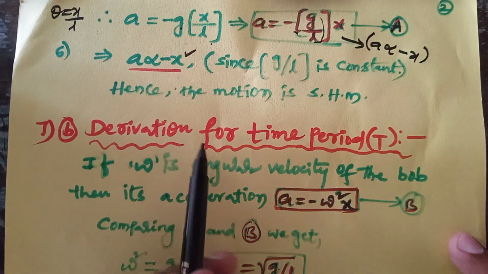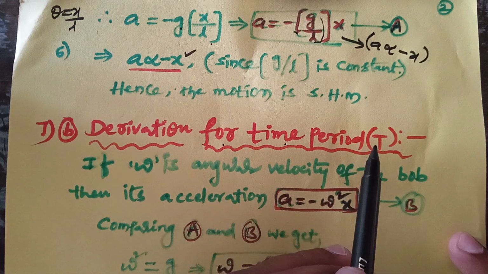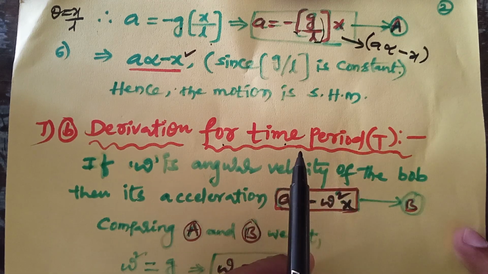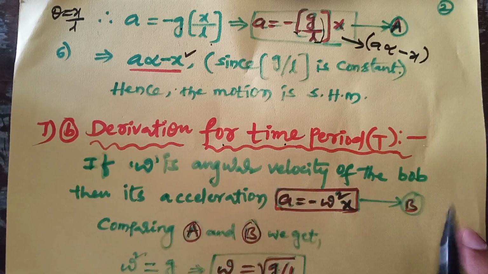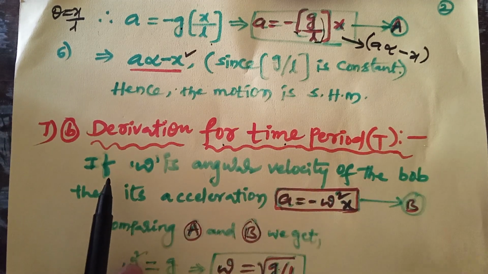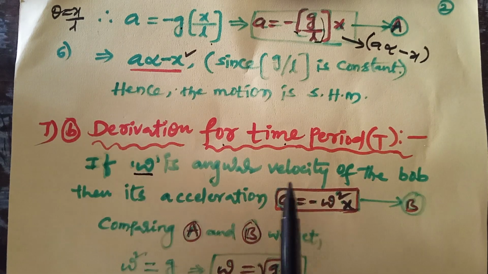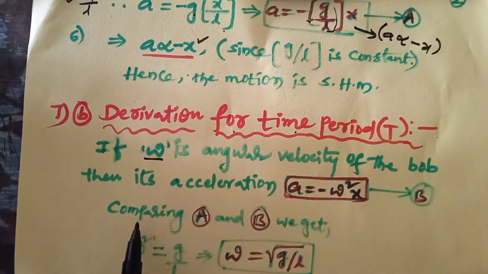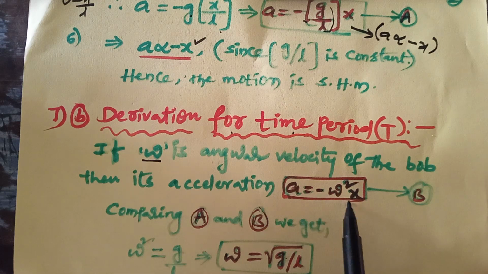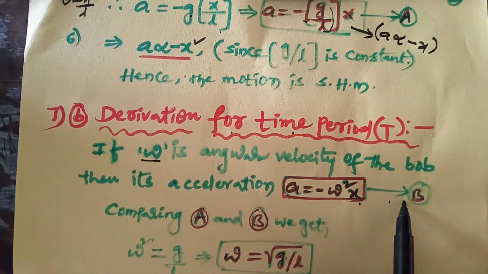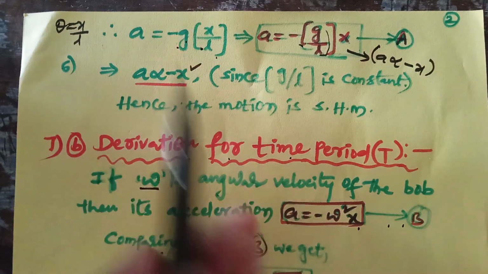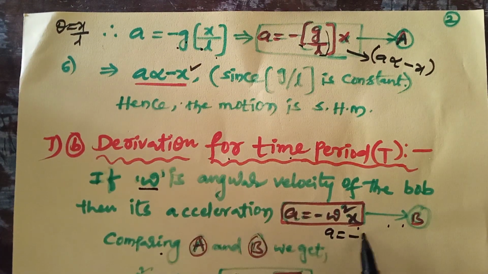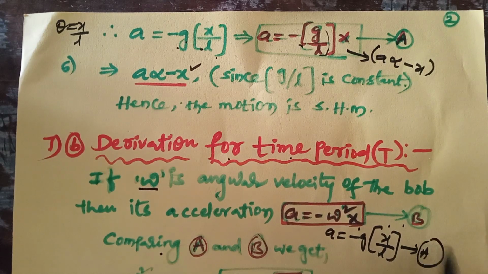From this we find the time period. Time period is denoted by T. What is the meaning of time period? The time taken to complete one oscillation. If omega is the angular velocity of the bob, then its acceleration a is equal to minus omega square x; this is b. Compare a and b. a is equal to minus g of x by L, and a is equal to minus omega square x.